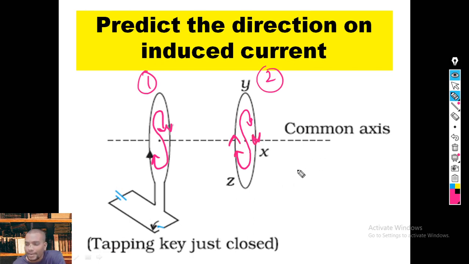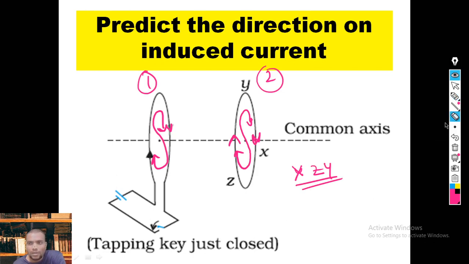So you can write that the current is flowing along the direction X to Z to Y. So this opposes the growth of the current. So the direction of current is X to Z to Y when you look from the left of the loop.